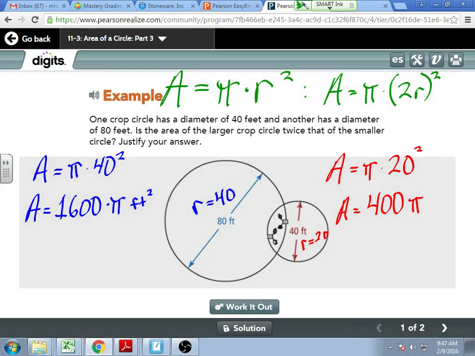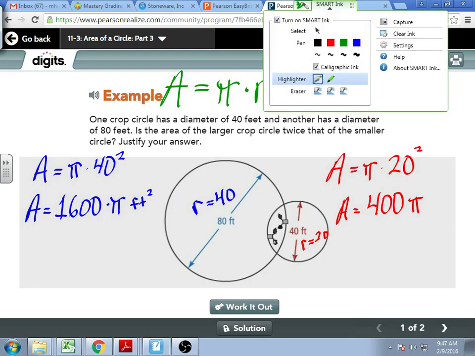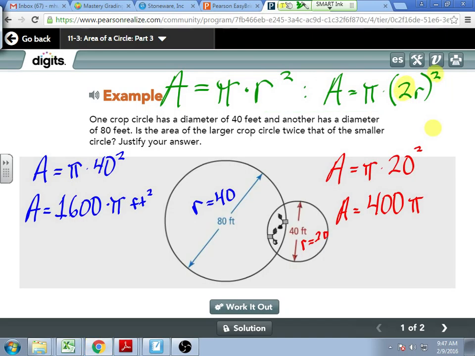What's 2 squared? 4. So 4 r squared. So this, instead of just giving me double the area, gives me quadruple the area, because when the 2 gets squared, it turns into actually 4 times as much.